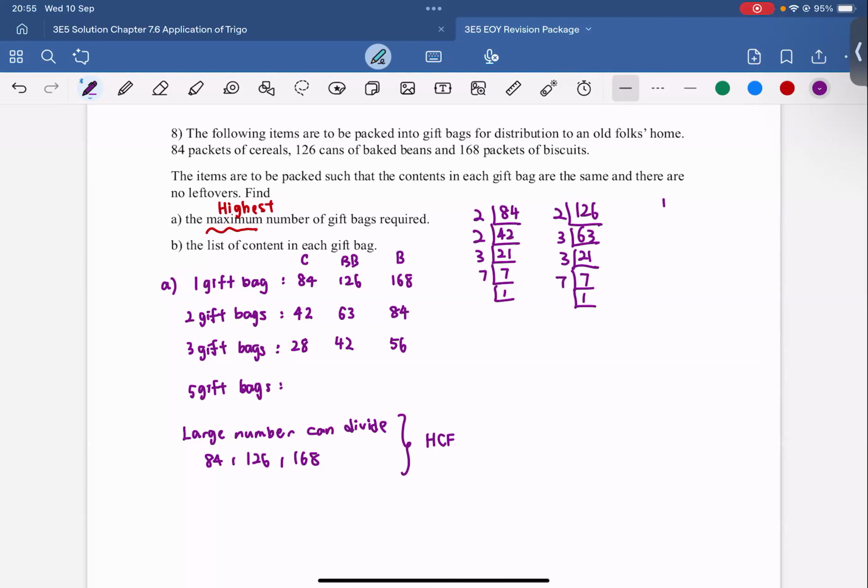Then you list down: 84 is equal to 2 squared times 3 times 7. 126 is equal to 2 times 3 squared times 7.